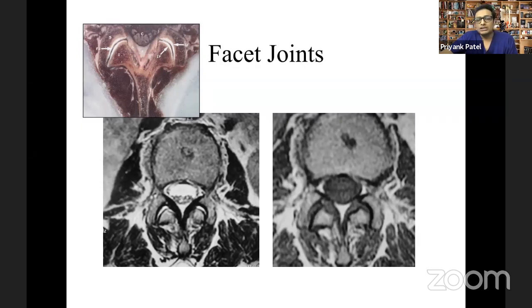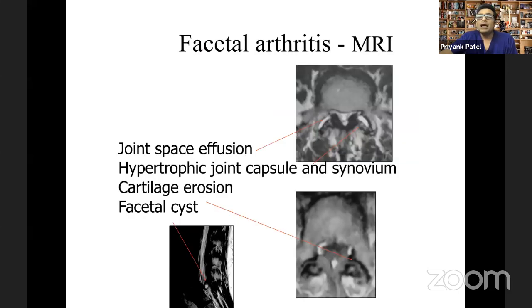So identify the facet joints. What happens in lumbar canal stenosis is you see facet arthritis, which means the joint space has got effusion, the joints have become a little loose and filled with fluid. You will see that the soft tissue here will also start getting hypertrophied. The disc is going to get bulged.